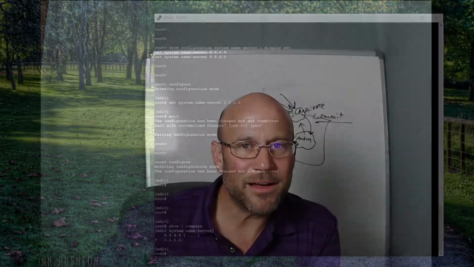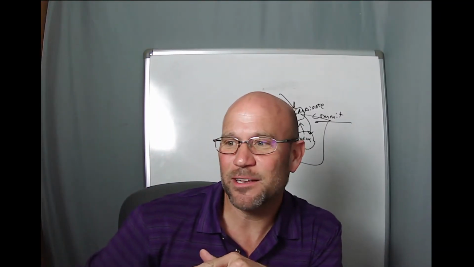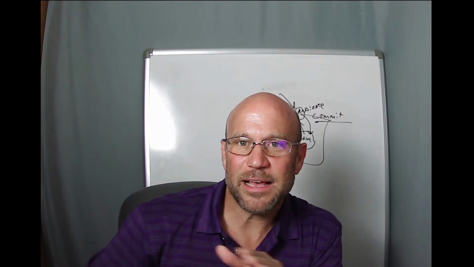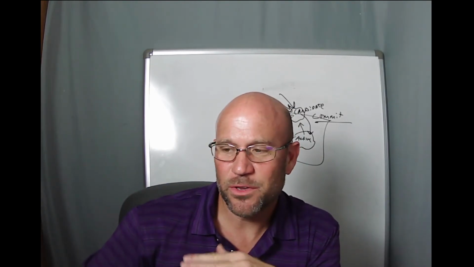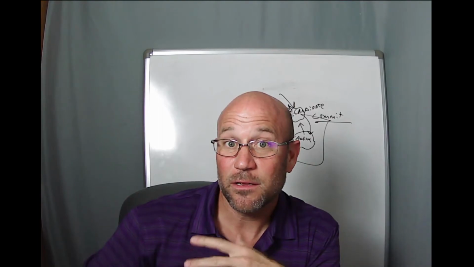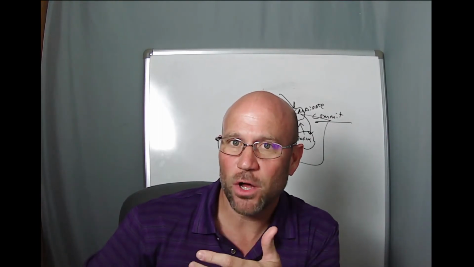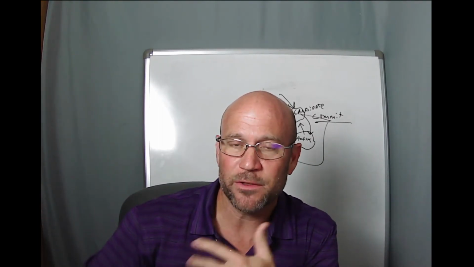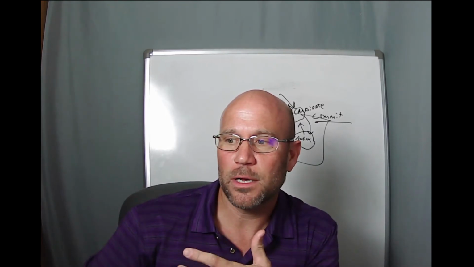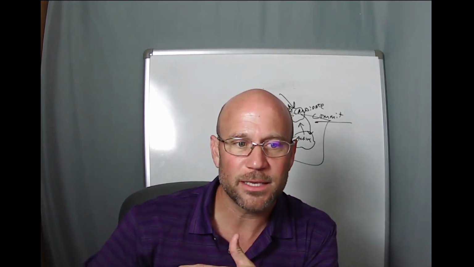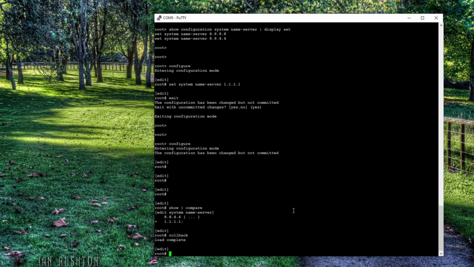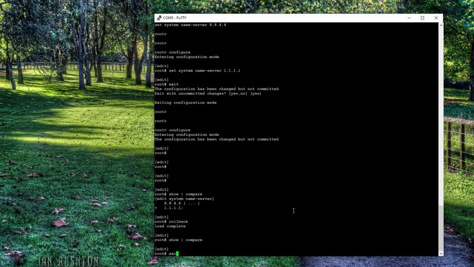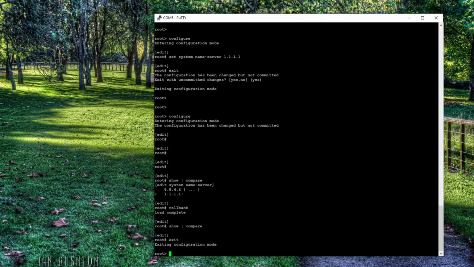There's ways to find out who typed that command, and I'll show you that later on when we look at logs and things like that. But I just want to show you that you can leave the candidate configuration altered, just sitting there dormant, waiting for somebody to stumble across it later on. All right, so let's roll that back. Show pipe compare. There's nothing there. Now we can safely exit out.